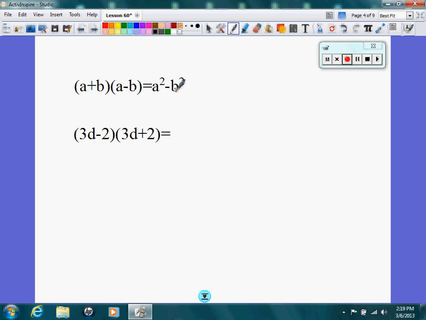Okay, let's see if we can do this example. First term times first term, or a squared, would be 9d squared, and then we don't have an outer and inner because they're always going to cancel out. So now we simply multiply minus 2 times plus 2, and we get minus 4. So that would be our answer there.